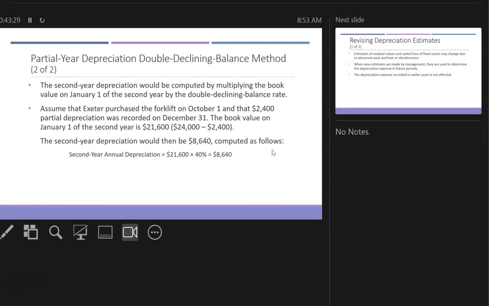Since the adjusted book value at the end of year 1 is $21,600 because we only took $2,400 of depreciation in year 1, in year 2, the adjusted book value of that asset is $21,600 that we then multiply times 40%. Okay?